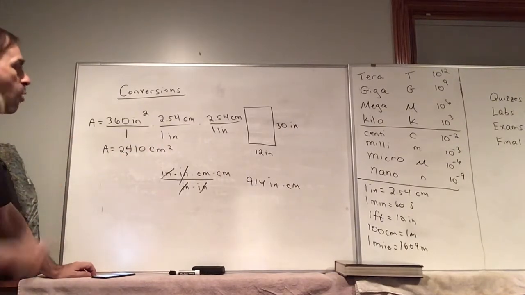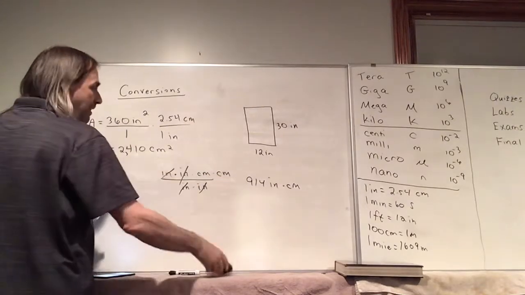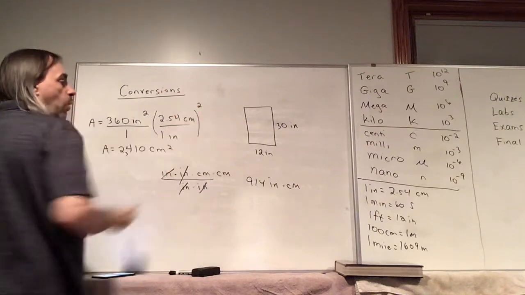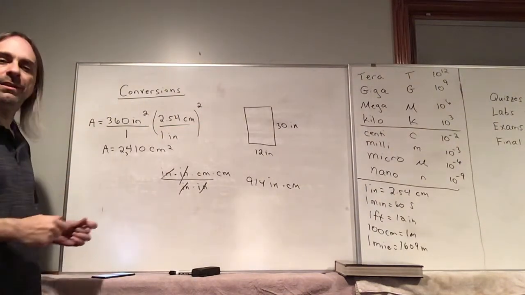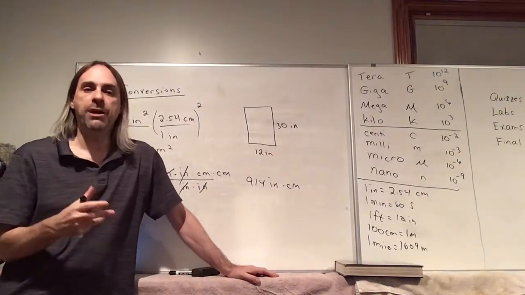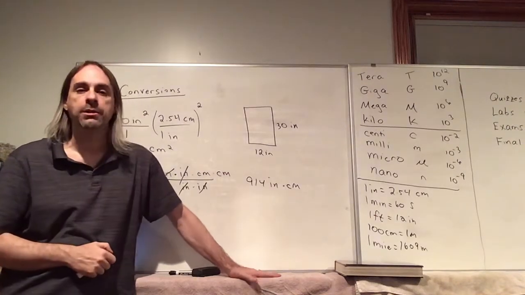And a more compact way to do this, you could write the conversion factor twice, or you could just square the conversion factor. Now, another place this comes up is when it comes to volume, where you measure volume in cubic meters, cubic inches, cubic centimeters.